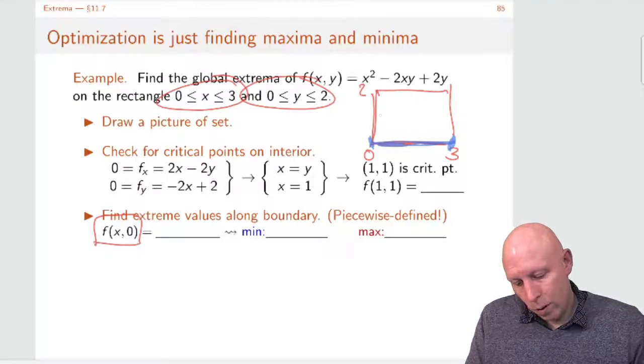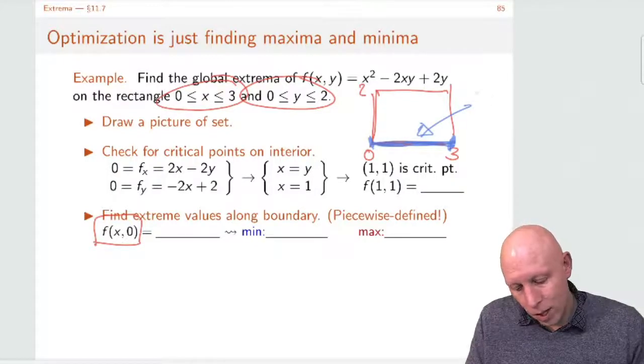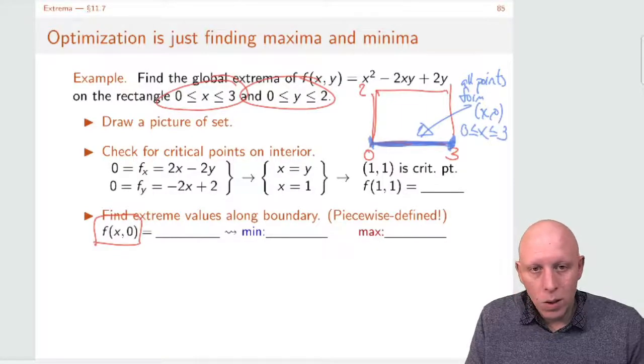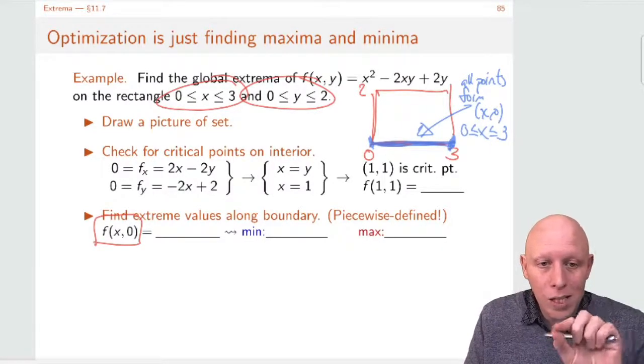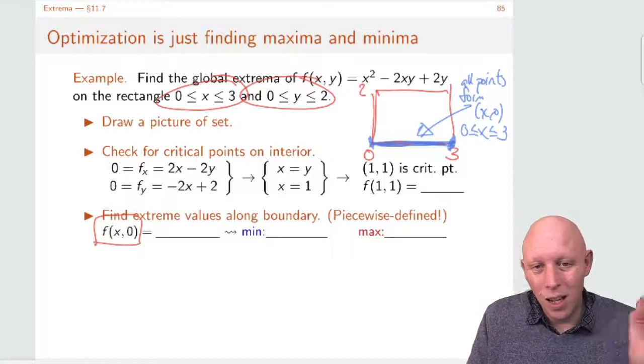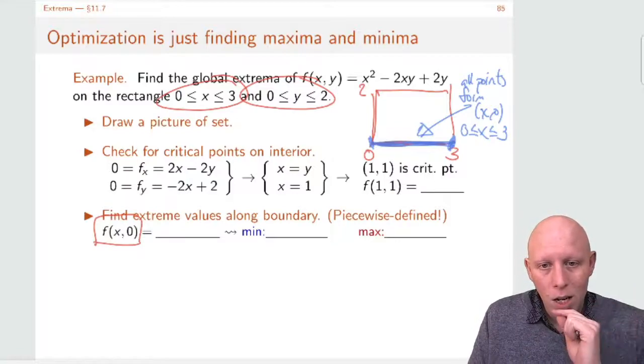How do we parameterize this curve? We parameterize this curve as all points of the form (x, 0), where x goes between 0 and 3. In this case, it's just a line, so that makes our life easier.